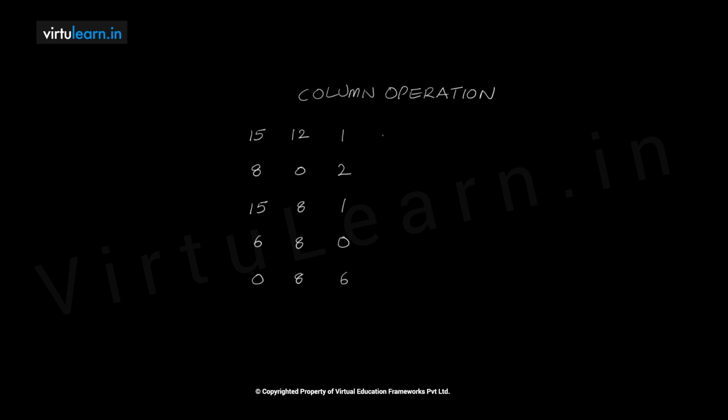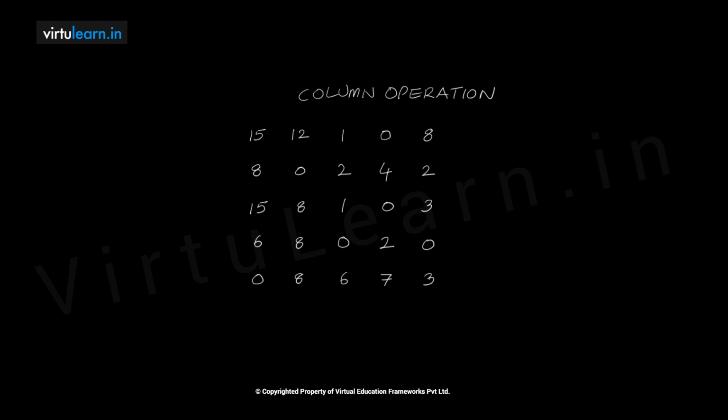Then in the fourth column, 0, 4, 0, 2, 7 are there, that means 0 is the least element, so we'll write down the column as it is, with no change. Then the last column, 8, 2, 3, 0, 3. We'll write it the same, because 0 is the least element in this column. So once this is done, this table is ready for allocation.